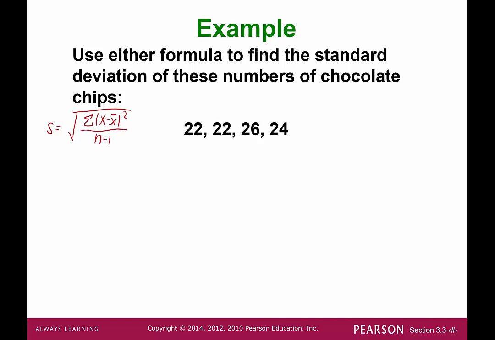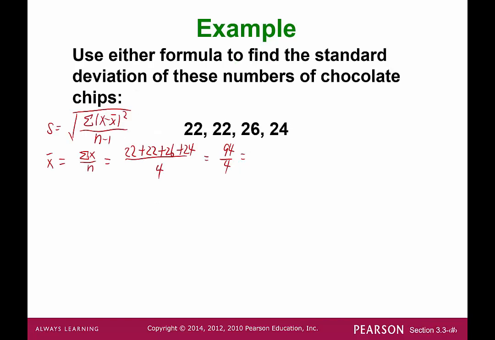In this formula, we need to calculate the sample mean. Sample mean equals the summation of x divided by sample size. So you sum up 22, add another 22, add 26, add 24, and divide by 4. It's 50 plus 44, which is 94, divided by 4.